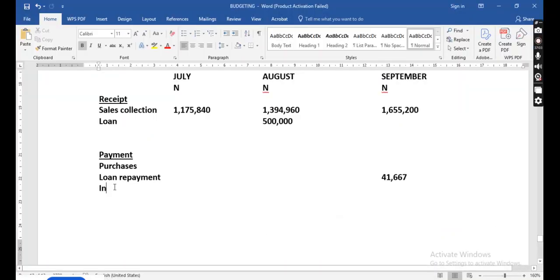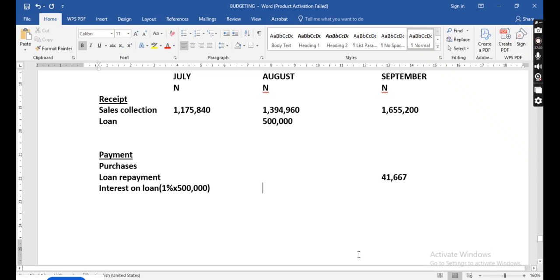It's a very technical question. Interest on loan. So what is the interest on loan?